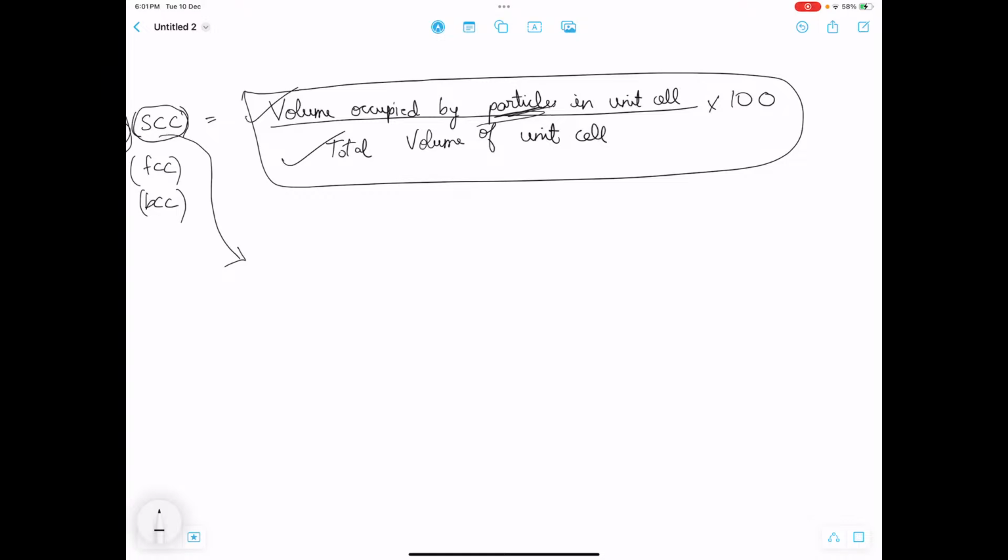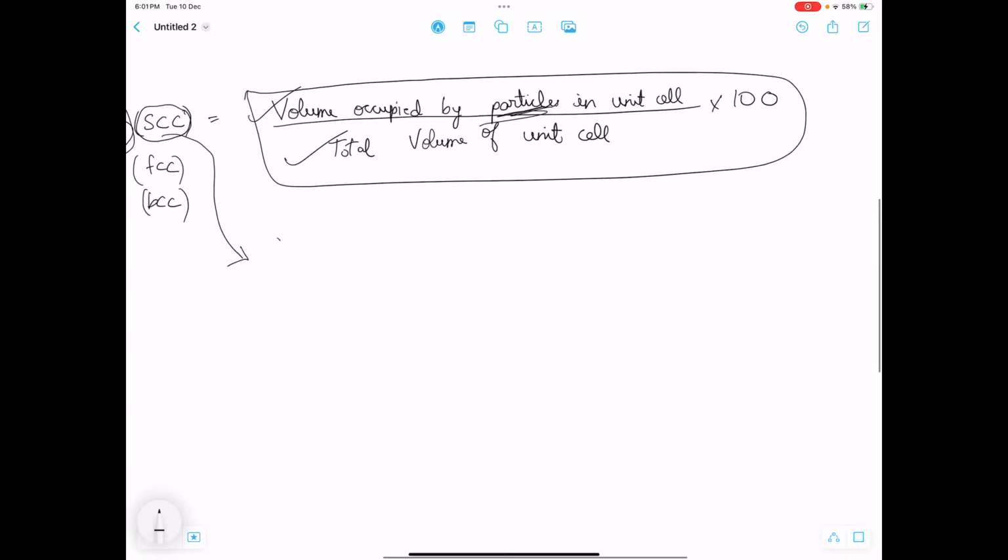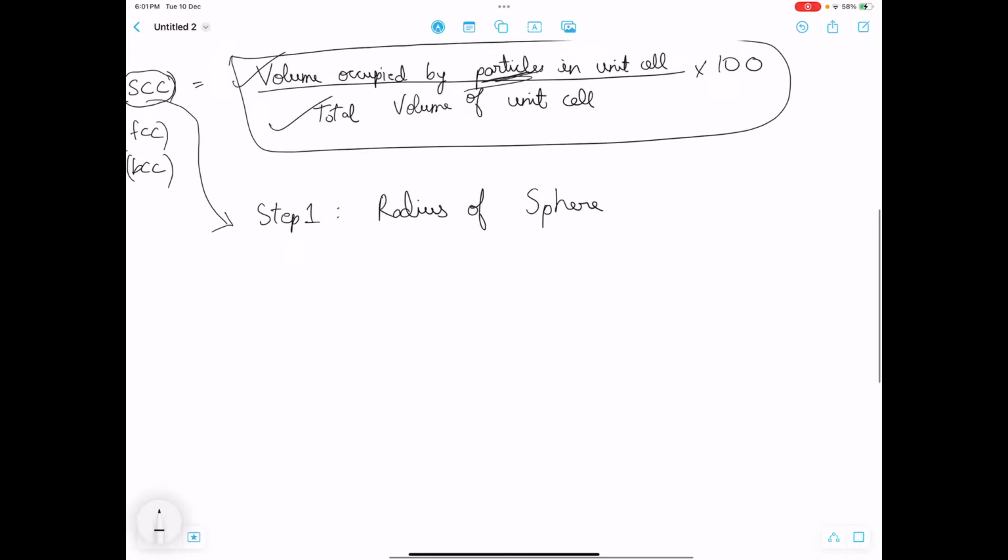First we need to calculate the volume of one particle. We know that it's a sphere. So let's write step 1: radius of sphere. We have to calculate this.